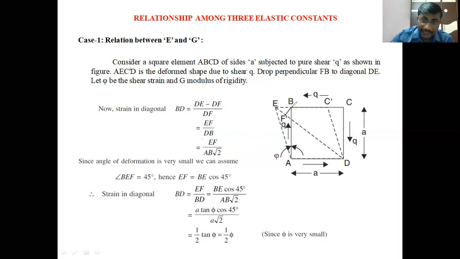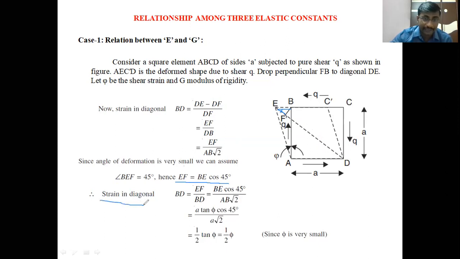By taking the triangle BEF, this is 45. If we take cos 45, the adjacent side is EF, our hypotenuse is EB. So EF by EB is cos 45. Therefore, EF is equal to BE cos 45.